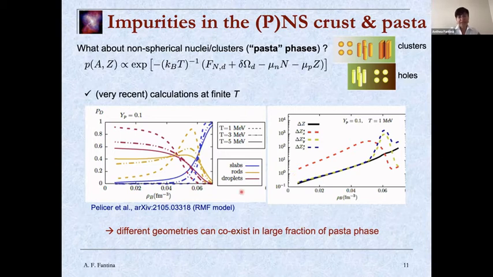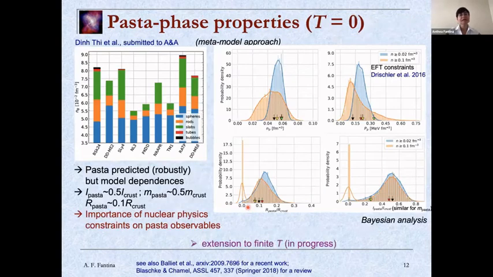Now, this work has been done using some relativistic mean field model for the bulk energy, and I would like to spend a couple of words on the model dependence that one can have when computing the pasta phase. I will show some examples at zero temperature, so not yet at finite temperature; this is something in progress.